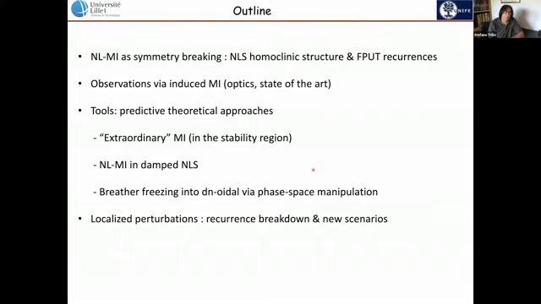So what we call extraordinary modulation instability, which is actually surprising in the stability region. The effect of damping in the nonlinear modulation instability, what we call breather freezing. I will tell about that, and if I have time, talking a bit about localized perturbation in the nonlinear MI.